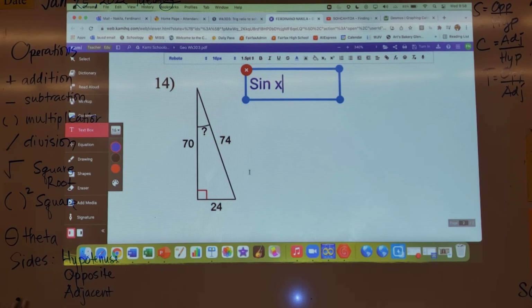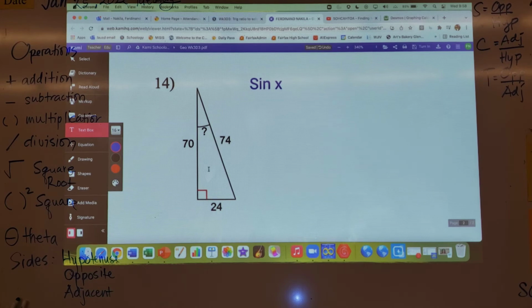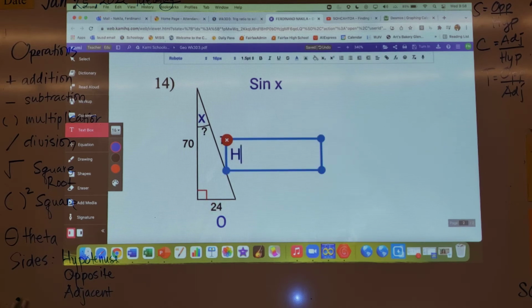So let's label first. The first thing to do is to correctly label. So here's my x right here, and right across that is my opposite, which is the 24. And right across the box is 74, which is my h. And right beside our missing angle is the adjacent.